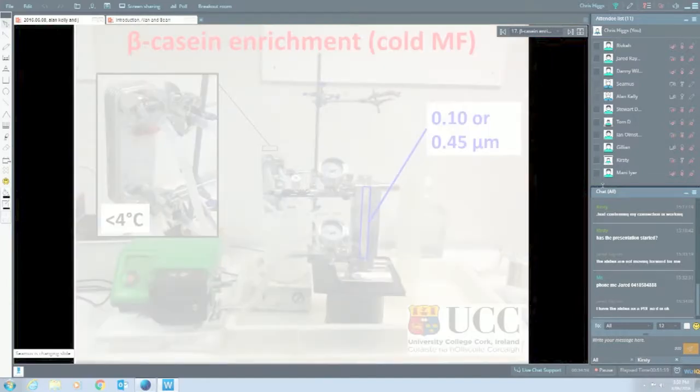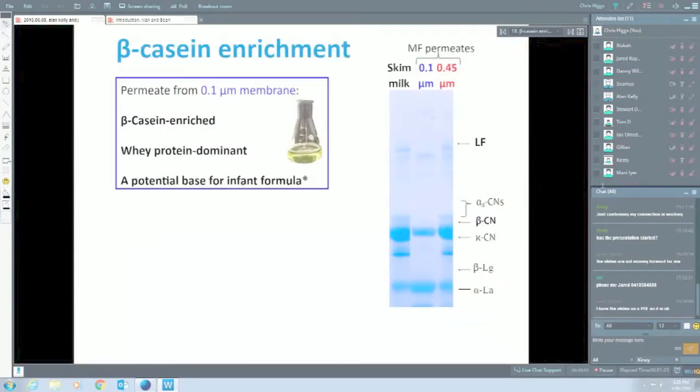So just moving on the slide, to give you an idea of the protein profile and the importance of the protein profile in these permeate fractions. When we generate cold microfiltration permeate using 0.1 micron microfiltration membranes, what we end up with is, as I mentioned earlier, this clear permeate stream, and you can see a photograph of it on the slide there.